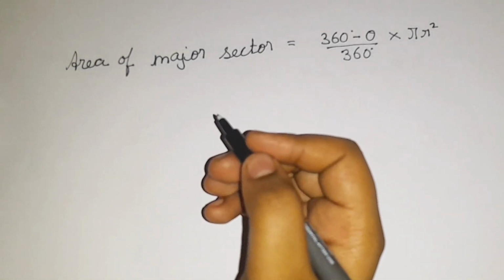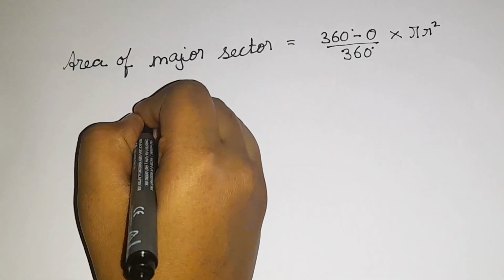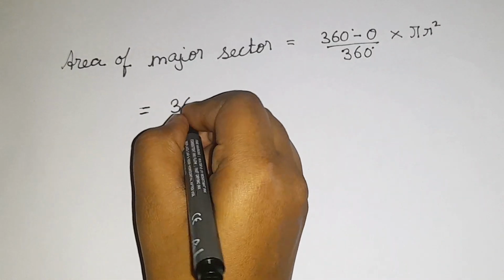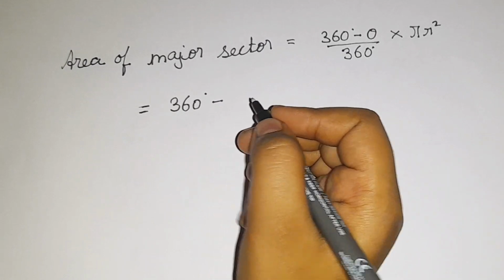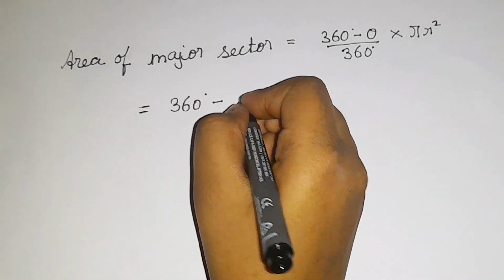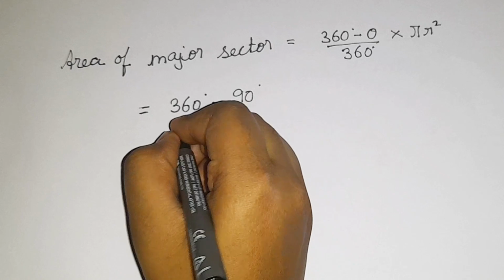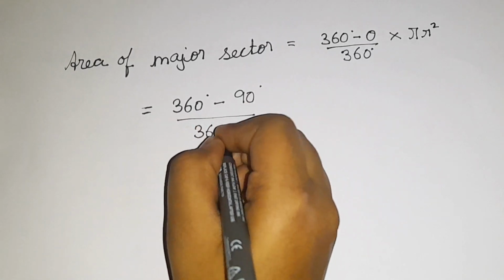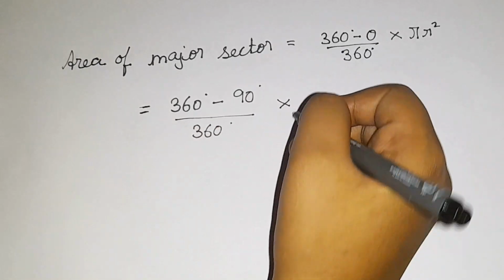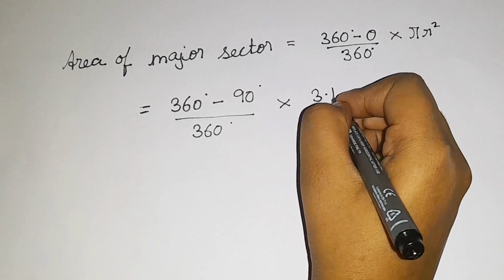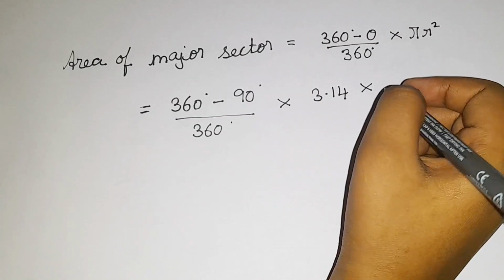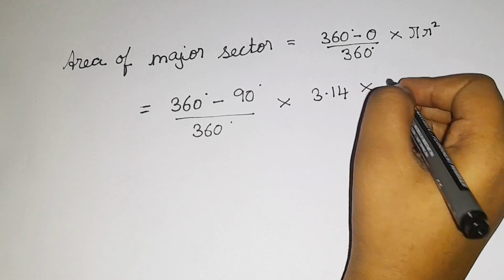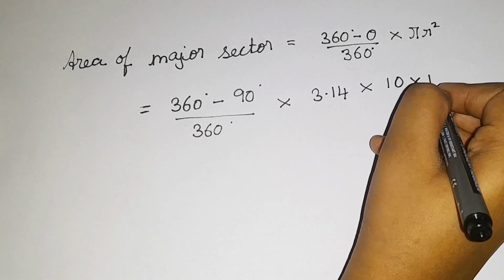Now let us apply this formula and solve it. Let us write 360 degree as it is, minus theta. What is theta in this question? Theta is 90 degree, and then divided by 360 degree into the pi value, 3.14, into r square. The radius is 10 centimeter, so since we have r square, it is 10 into 10.